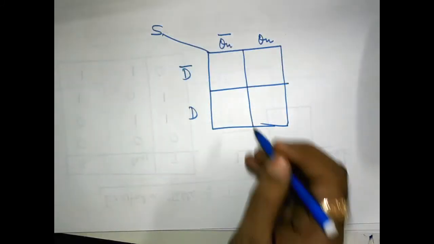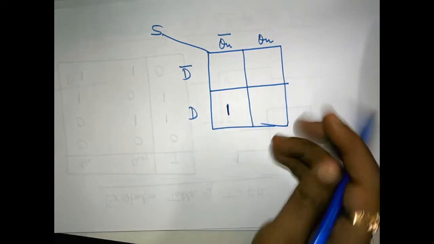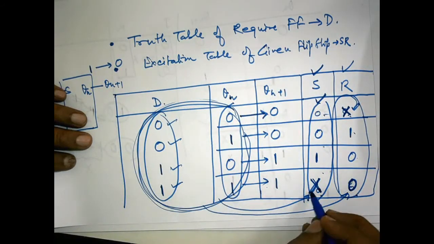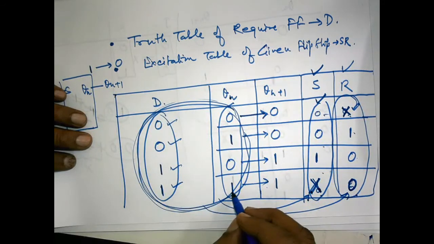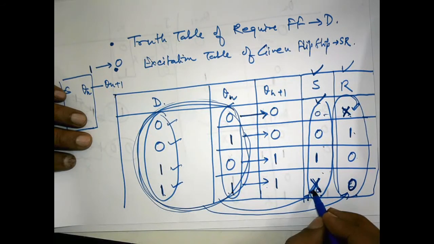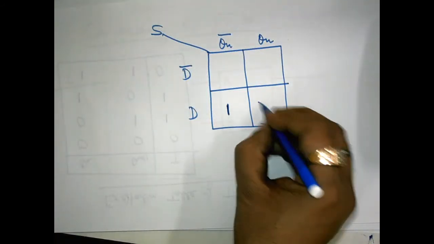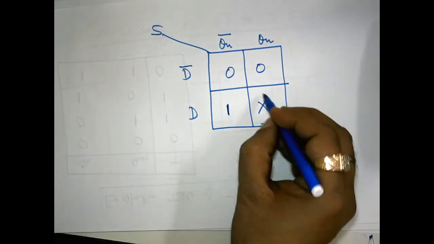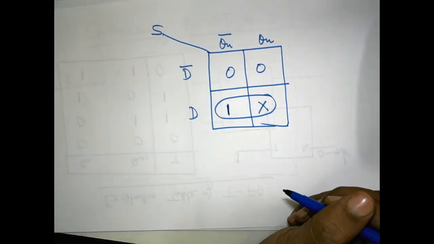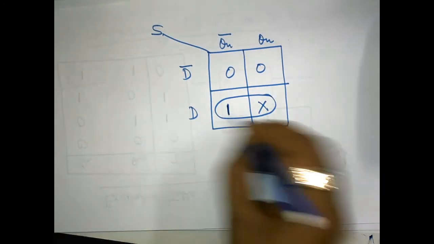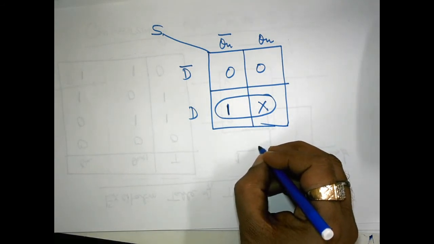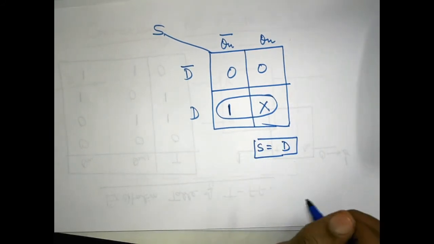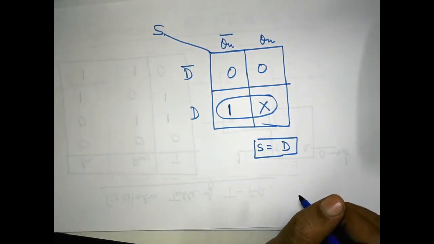At D Qn bar there is 1, and at D Qn there is don't care, and in other cells there is 0. So naturally this is going to make a group. What is the outcome of this? S is equal to D. S is equal to D.